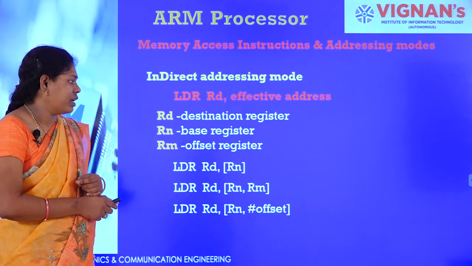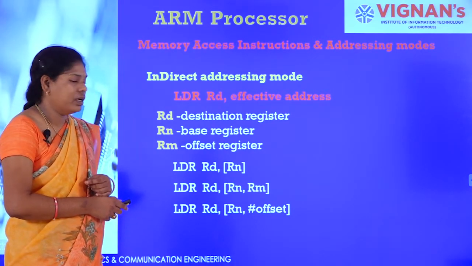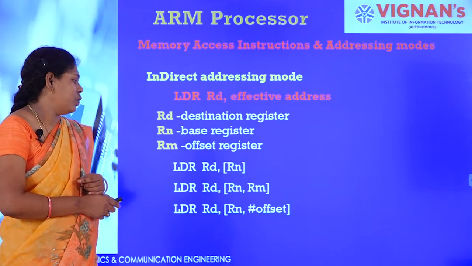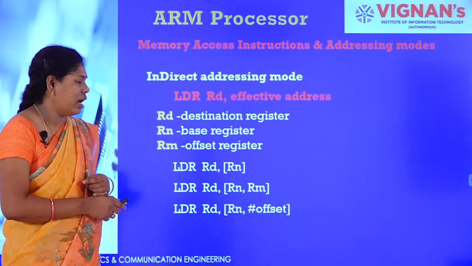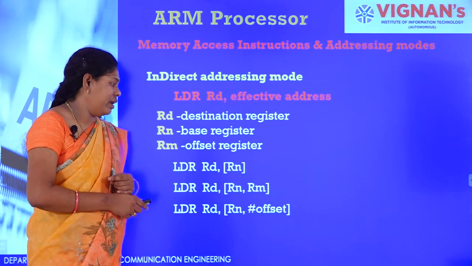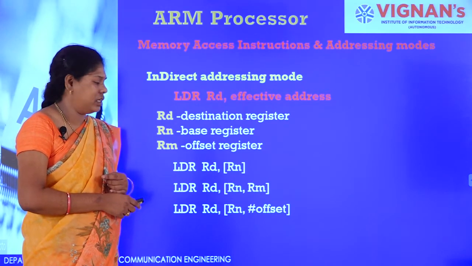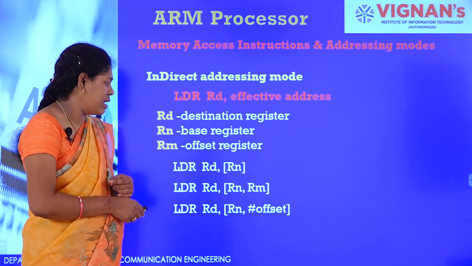LDR Rd, [Rn], that is the content of R1 is the address. This is one way, and the second way, the effective address is specified by Rn, Rm. Or we can add the offset directly, so here we are using the hash symbol.